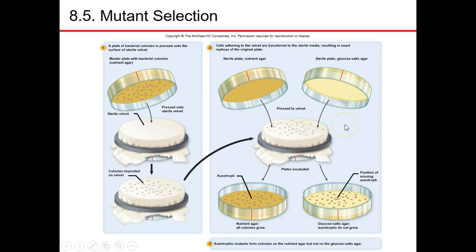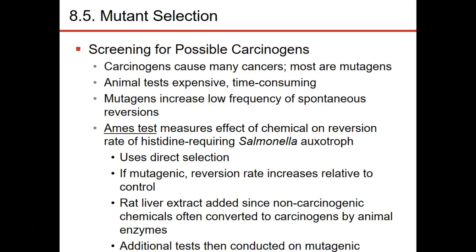We then wait for them to grow, so we know the front of the plates here and here. And then we look: here we have all the colonies that grew, but on this side, there's a space where there was a colony, but there's no colony here. So that's the area where there is no cell growing, so we can come over here and find that cell. There's your auxotrophic mutant. It's a little different, but it does work.